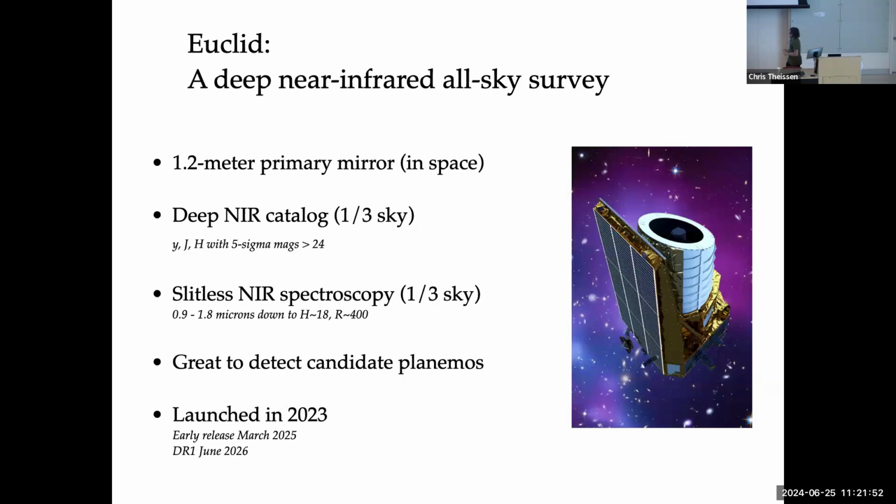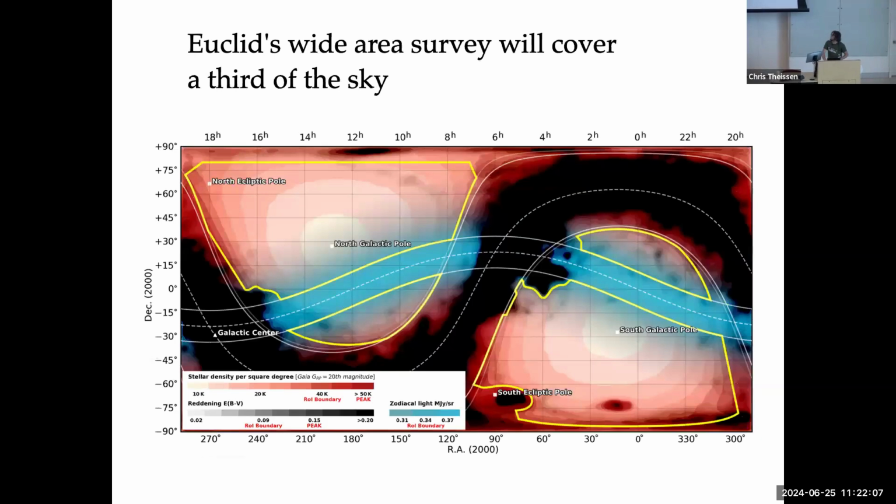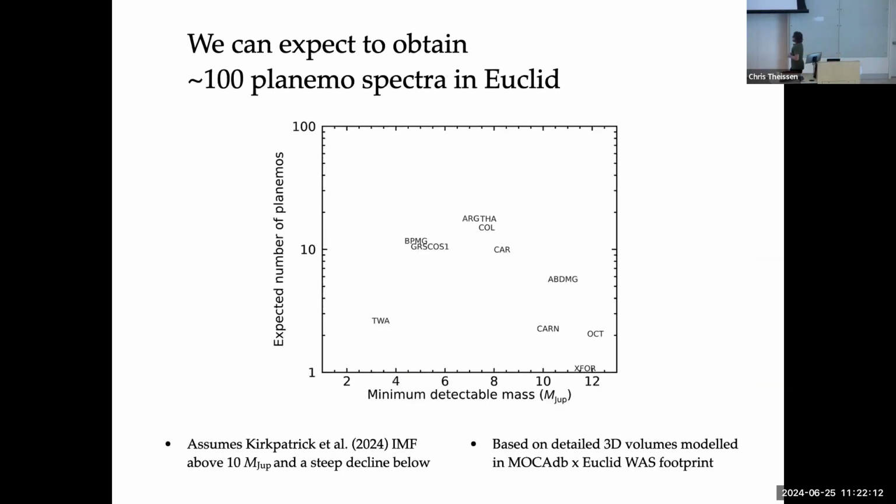Soon we will also get the Euclid mission, which will get us a very deep near-infrared catalog, as well as slitless spectroscopy for about a third of the sky. By using the actual footprint of Euclid, if I cross-match this with MOCA and use a credible IMF from Davy's recent paper and make the planemo range as pessimistic as I can, we are still expecting to find hundreds of planemos with spectra in Euclid.